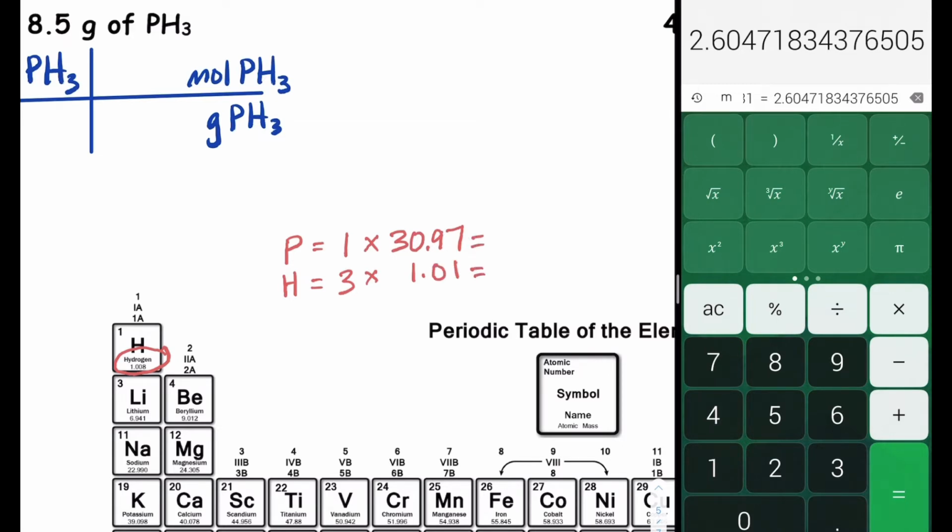If we multiply across, phosphorus doesn't change because there's only one atom of phosphorus in that formula. 3 times 1.01 is 3.03. To find the total mass of phosphorus trihydride, we're going to add up the masses of the individual elements.